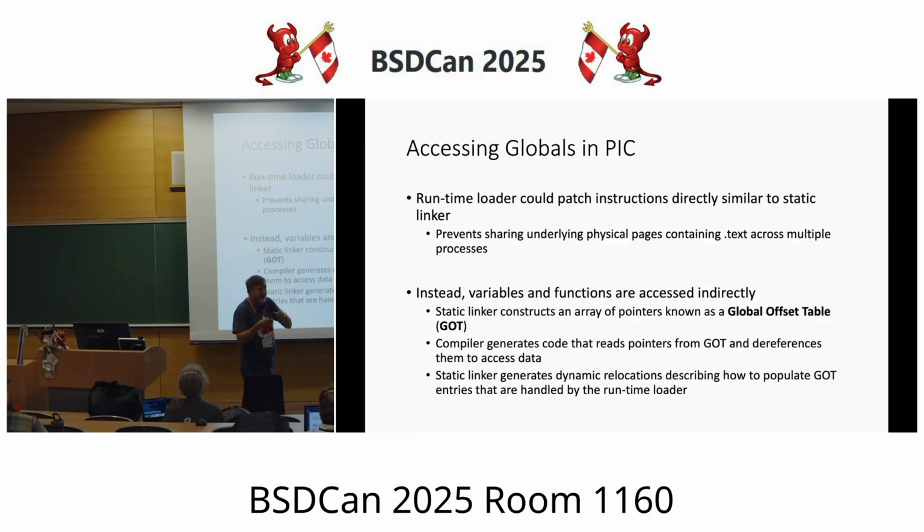This requires changes in how we generate code in the compiler. And then the static linker, in addition to creating the GOT entries, also generates dynamic relocations that tell the runtime loader what symbols are associated with each GOT entry, so that when the runtime loader loads a binary and initializes it, it knows what addresses, or what pointers, to put in all these GOT entries so they point to the right things.